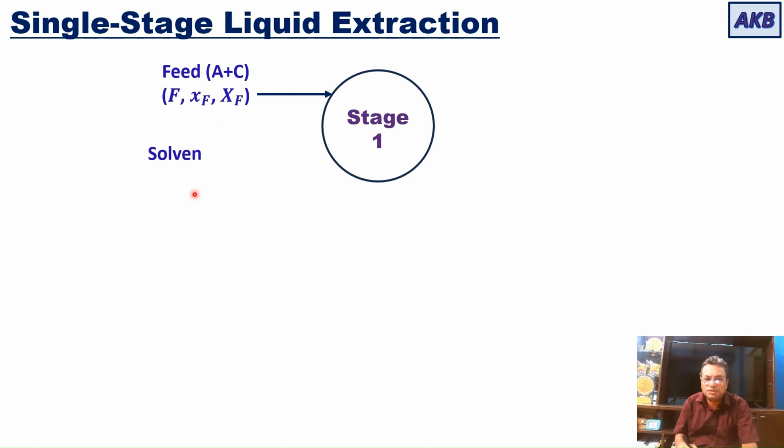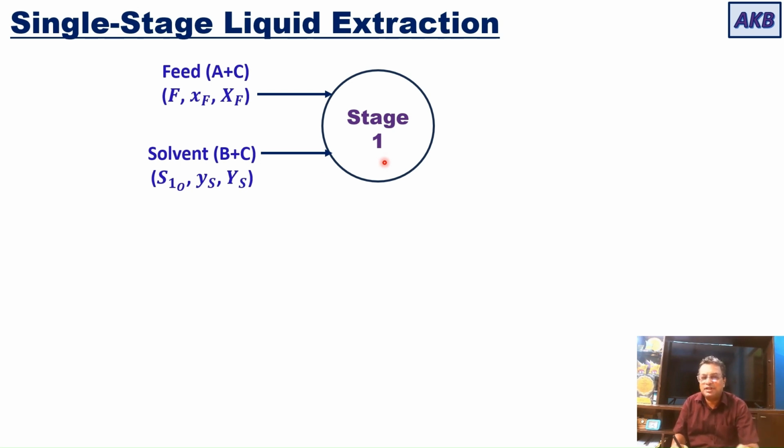So the feed solution is contacted with solvent. If it is pure solvent, it will be just B, and if it is recovered solvent, it will be B plus a little amount of C in it. So the solvent is also admitted to the stage, and there will be intimate mixing of the two liquid phases.